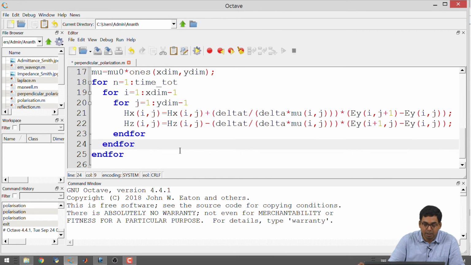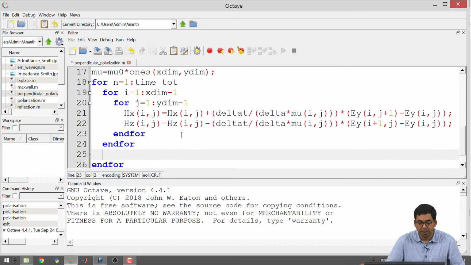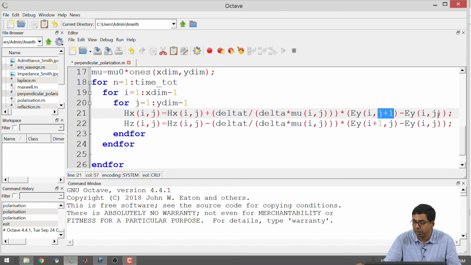Right. So, once we have done that, because the way we have written our prior codes was having forward difference in one part, backward difference in another part, etc. We have to write another space loop, because here you see, for example, I have dou Ey dou z goes to j plus 1 and j. So, the highest spatial position is j plus 1. So, that is why we are having x dim minus 1 and y dim minus 1, so that you do not go array index out of bounds, alright.